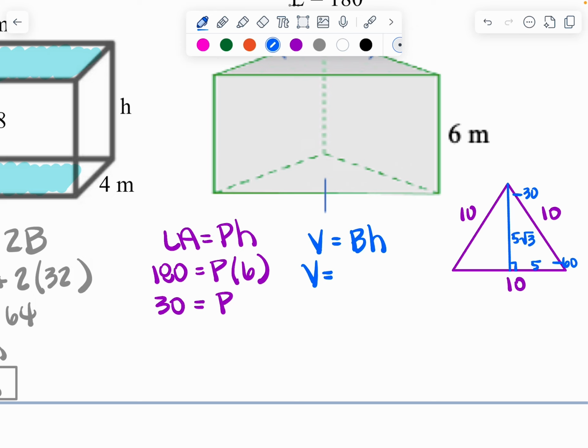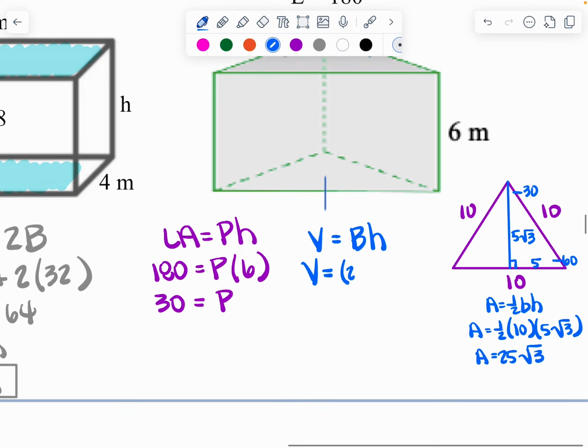So we know that this is a 30, 60, 90. We know that this side length is 5. So our height is 5 root 3. So when I do 1/2 base times height for the triangle, I get 1/2 times the base of the whole triangle, which is 10, and the height is 5 root 3, which gives me 25 root 3.